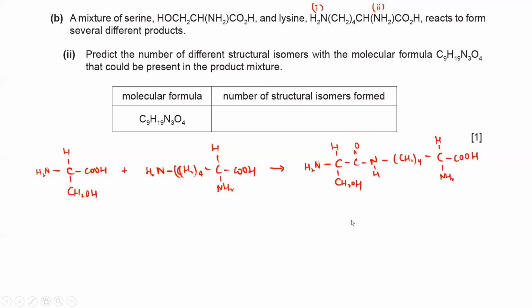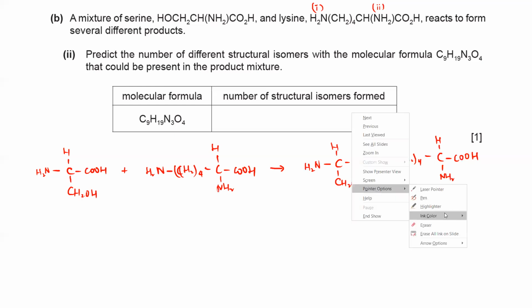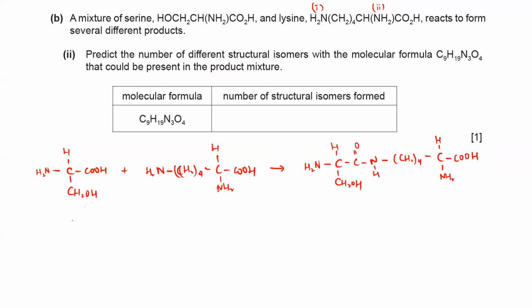Now I use another color for the second product. Right, the second one is still an amide, but this time I'll make the COOH of serine react with the other NH2, NH number 2.